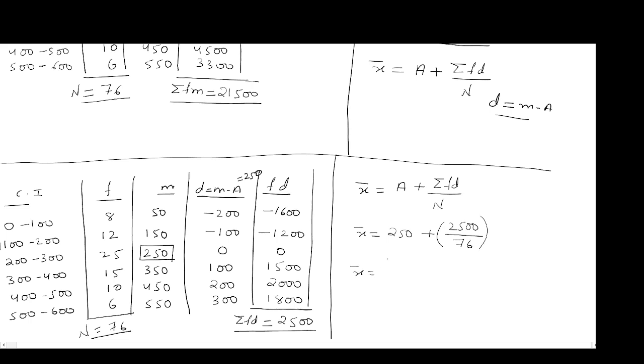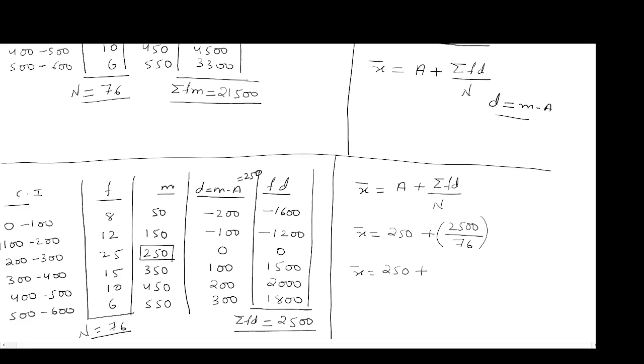Now next step is keep this 250 as it is, and divide 2500 by 76.